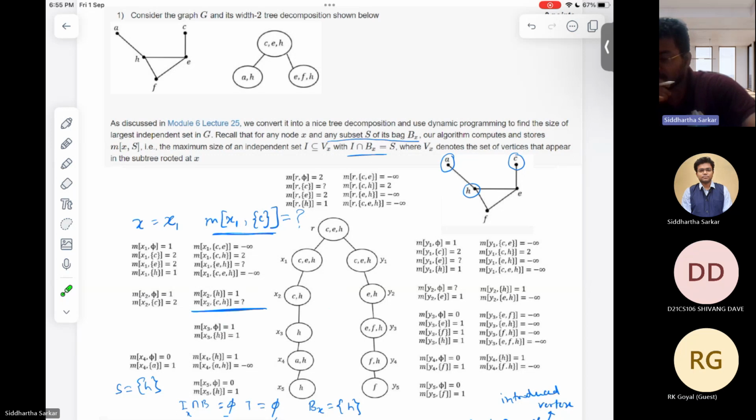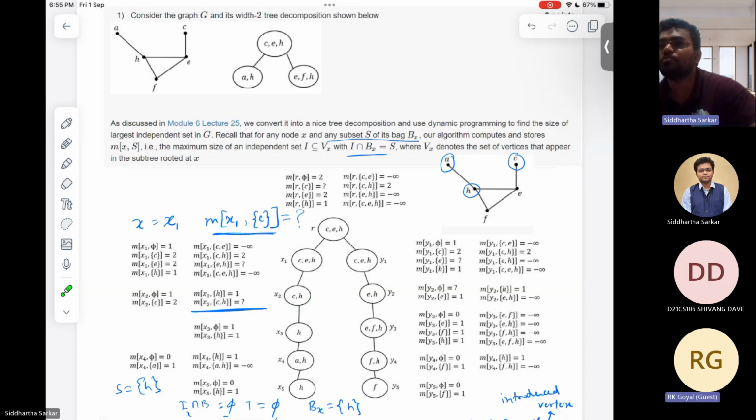So what is the maximum size independent set you can get? Other than C and H, you can get other vertices in the independent set, but they should not be within the bag of X2. That is what it's saying.